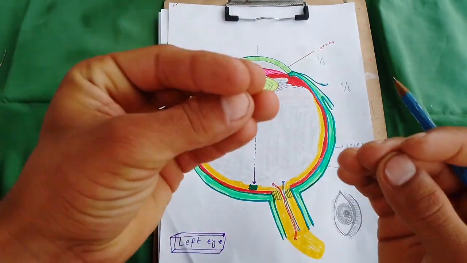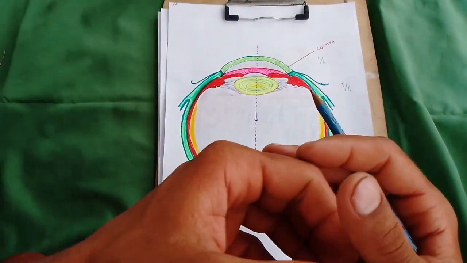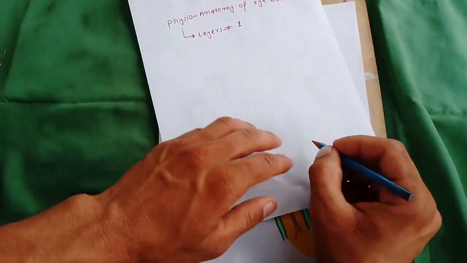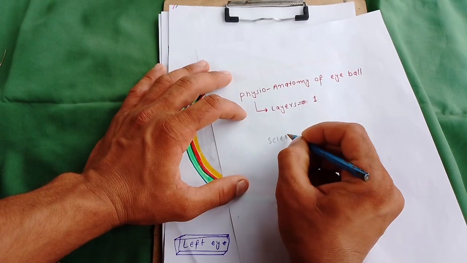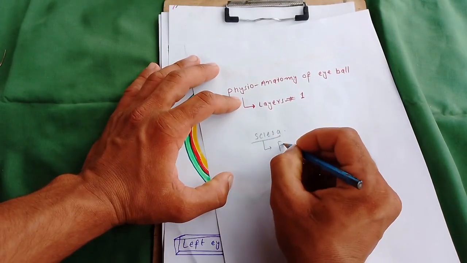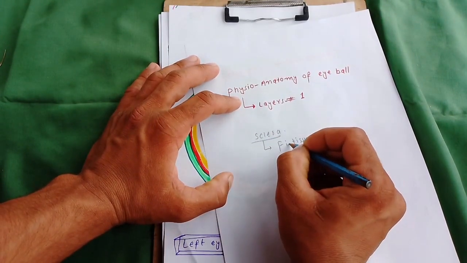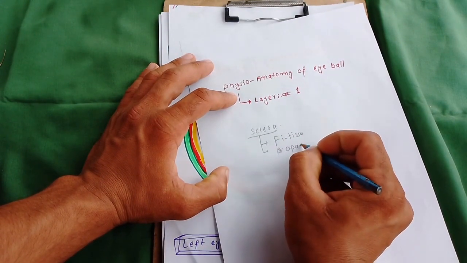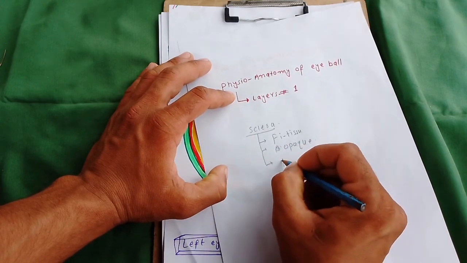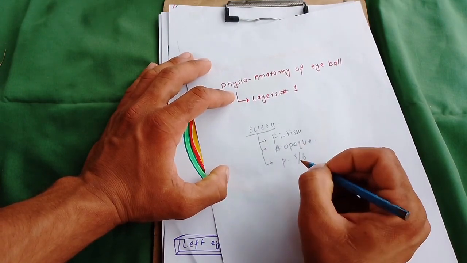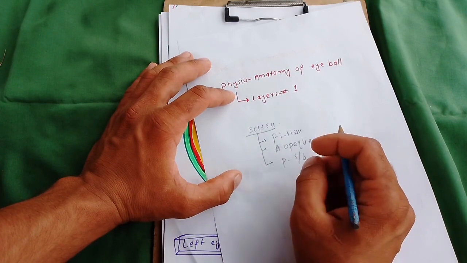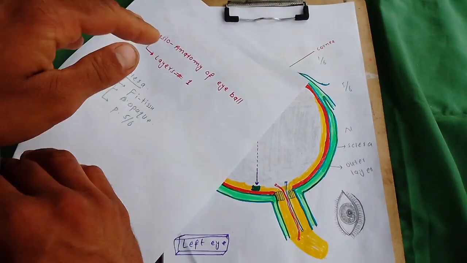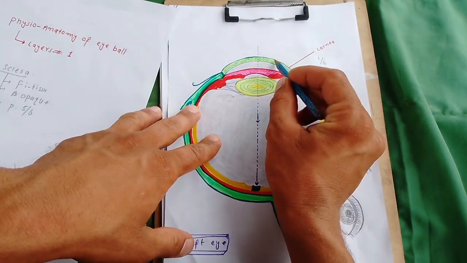It is made from tough fibrous tissue, and it is opaque and non-transparent. So this is the main protective layer, but the anterior part is called the cornea.